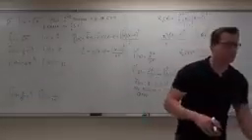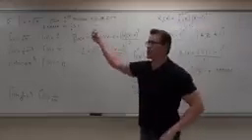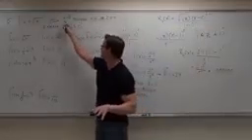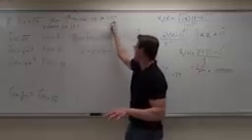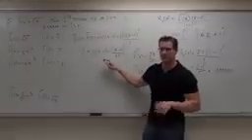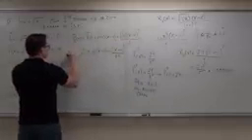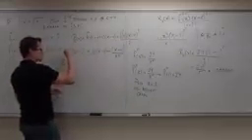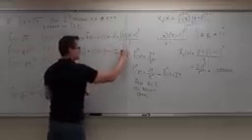This answers the first part of the question. Did I tell you to approximate anything? No. All I wanted was a Taylor polynomial of the second degree at c equals 4. That's this. This is the Taylor polynomial of the second degree at c equals 4.